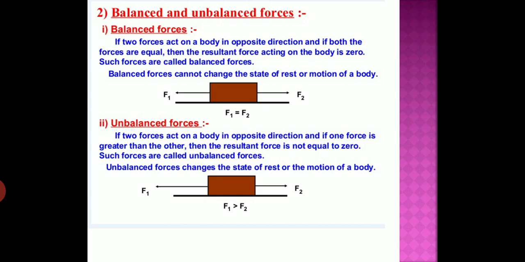If F1 is greater than F2, the block will move in the F1 direction, so the resultant force in this condition is not zero, and such forces are called unbalanced forces. So unbalanced force changes the state of rest or motion of an object.